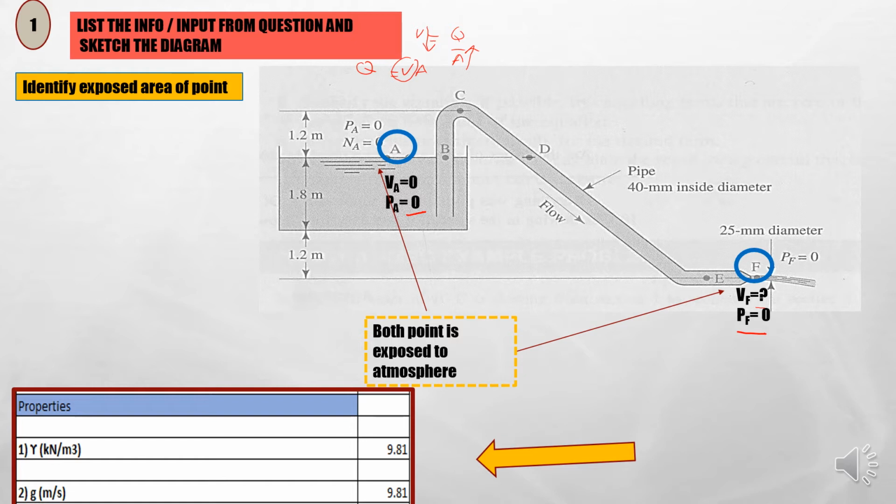If this information is not provided, then for the common information we need in Bernoulli's equation, such as g and the specific weight for water, we can just assume the value is 9.81 or 9.805.